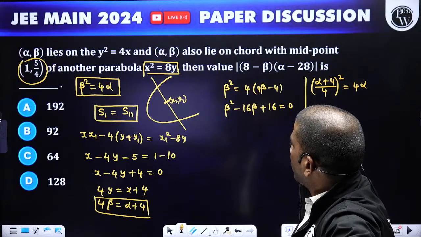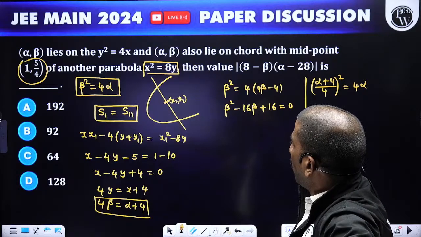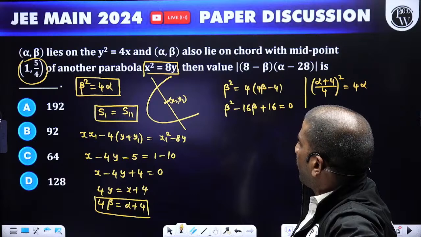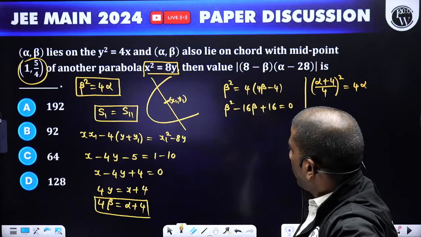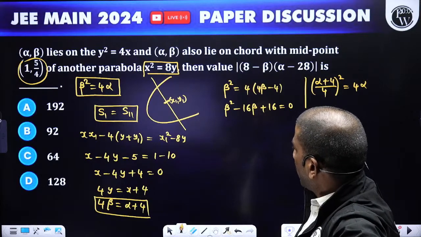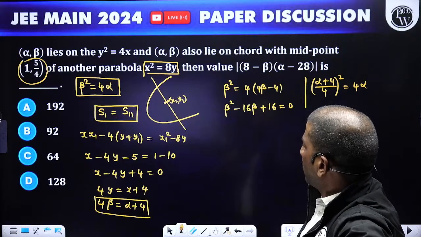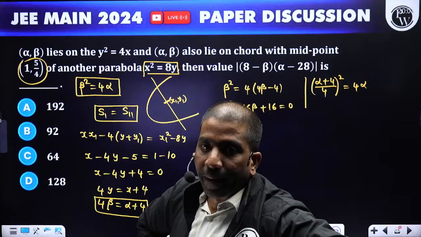X1 square minus 8y. Point is 1 comma 5 by 4. 4y minus 5. 8 times 5 by 4, 10, minus 10. X square something, it's coming out correct only, right?